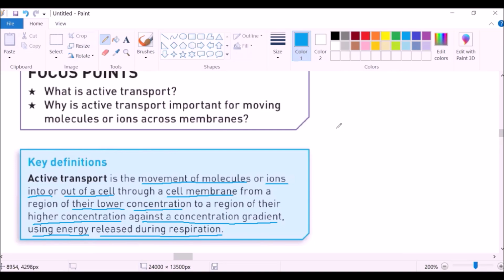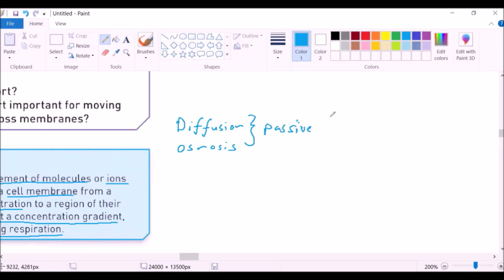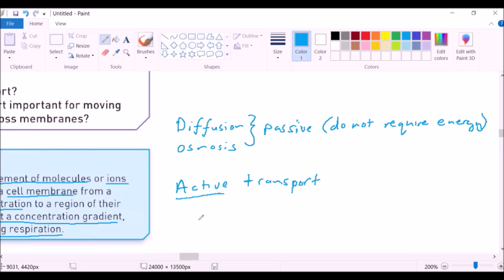So we have seen that diffusion and osmosis are what we call passive processes, which means they do not require energy. But active transport, as the name suggests, is active, not passive, which means it requires energy from the cells.